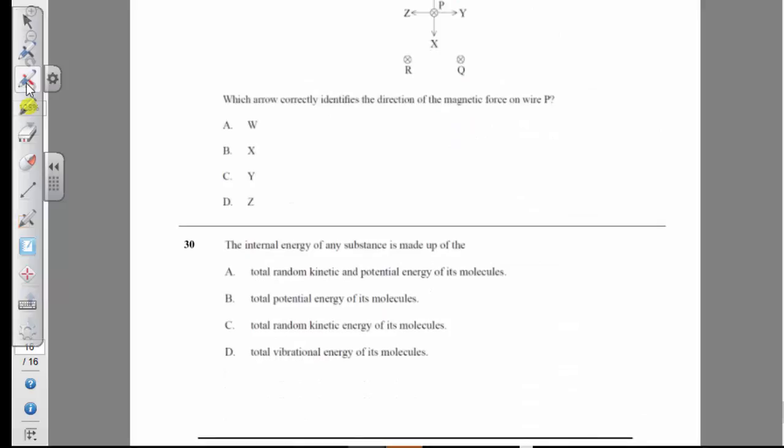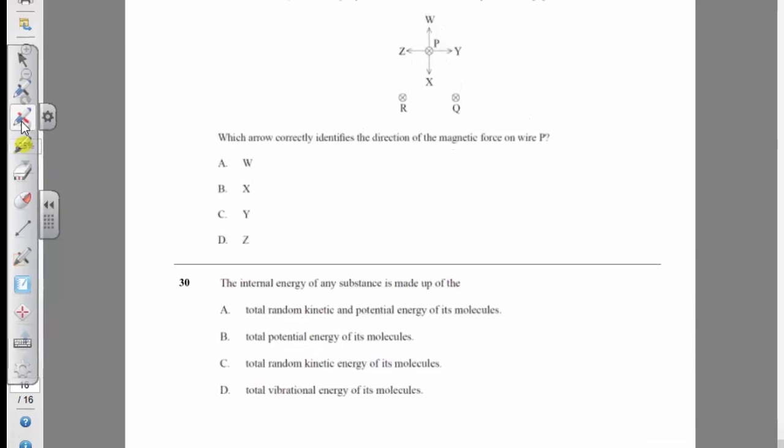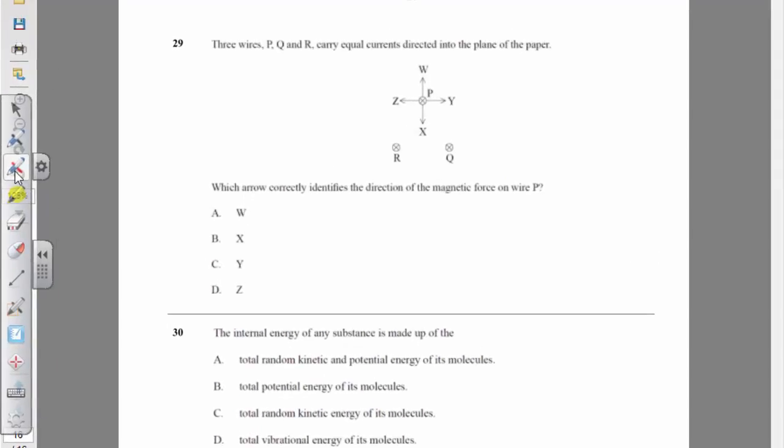Okay, and finally, three wires P, Q, and R carry equal currents directed into the plane of paper. Which correctly identifies the direction of the magnetic force on wire P? Okay, so here we have a field that goes like this into the paper.